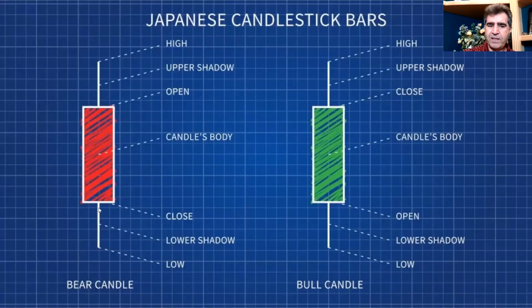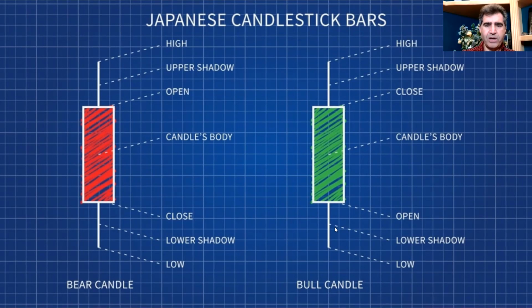Let's start with the green candle. When the closing is higher than the open, the space between those two is called the body, the candle's body. If it's going up, it's green. Then we have the high of the day and the low of the day, and those lines are called shadows, tails, or wicks.